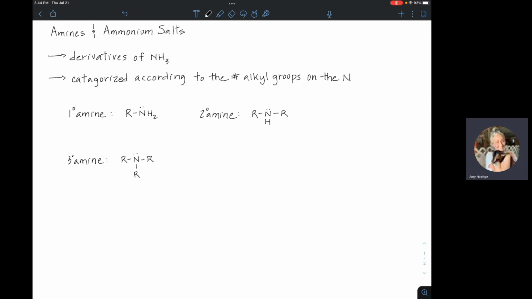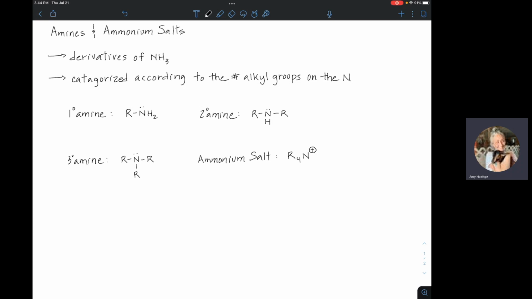And then a quaternary ammonium salt. So our ammonium compound. So the ammonium ion, NH4 plus, right? We can create ammonium compounds. Don't have to have just hydrogens attached to the nitrogen. We can have four things, hydrogens or R groups, bonded to the nitrogen.